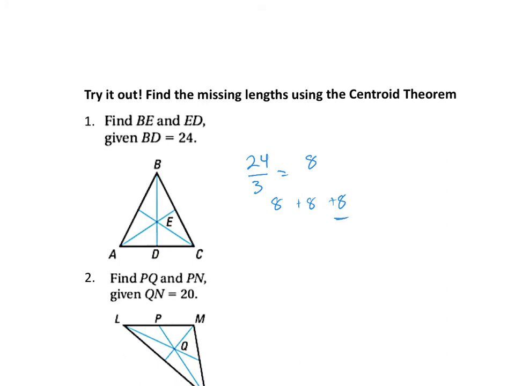A third of that, which is 8, will be down here, and the other 2/3, which is 8 plus 8, which is 16, is up here. So BD is 24, BE must equal 16, and ED equals 8.